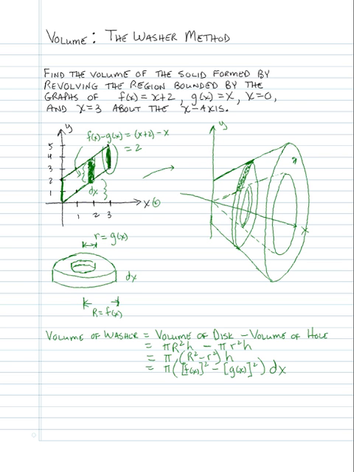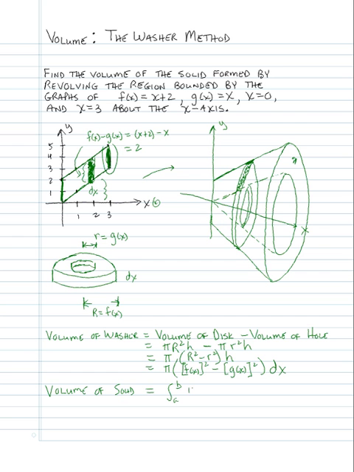Now we can be very specific to this problem, but this gives us the idea. In more general terms, the volume of the solid will be the integral from A, the x value where the washers start, to B, the x value where the washers stop.